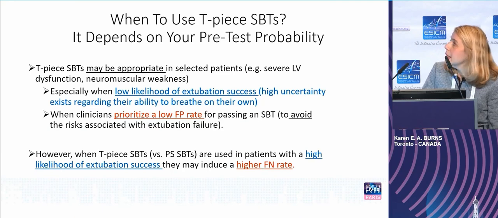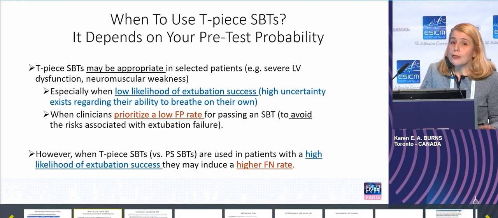So when should we use a T-piece SBT? Well, it depends. It really depends on your pretest probability.